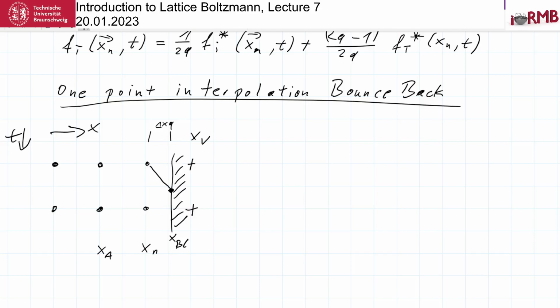So the first thing that we have to do is to get the distribution at this point, and this we do by linear interpolation along the characteristic, yeah?